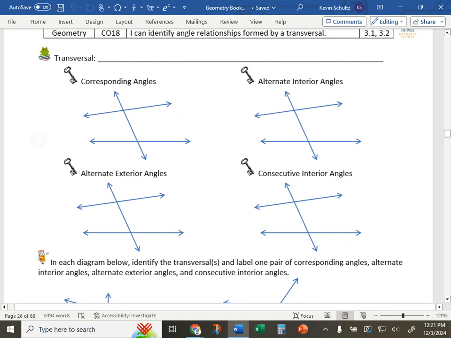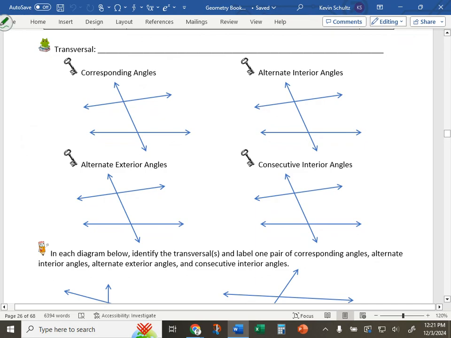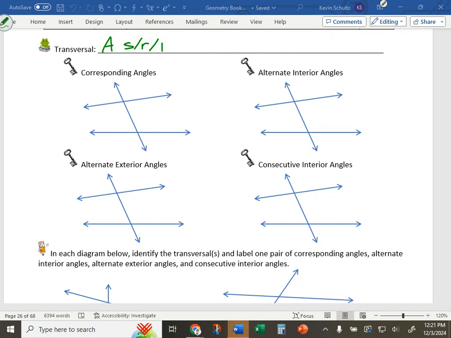A transversal, okay, is a segment, ray, or line, which remember, I just abbreviate SRL. A segment, ray, or line that intersects two or more other segments, rays, or lines.